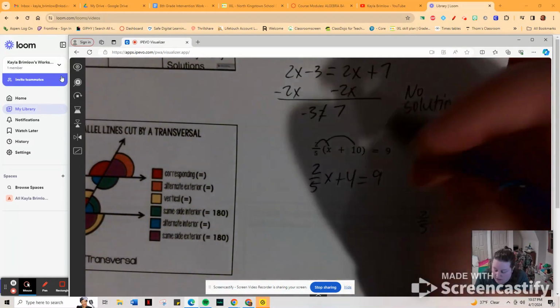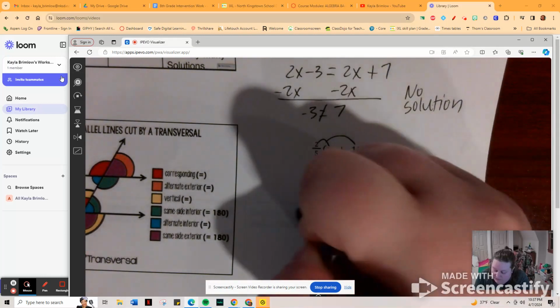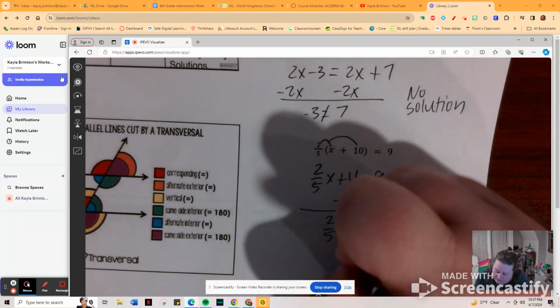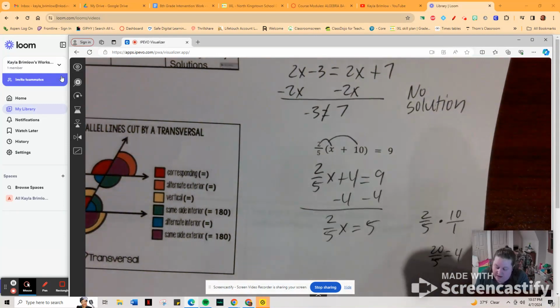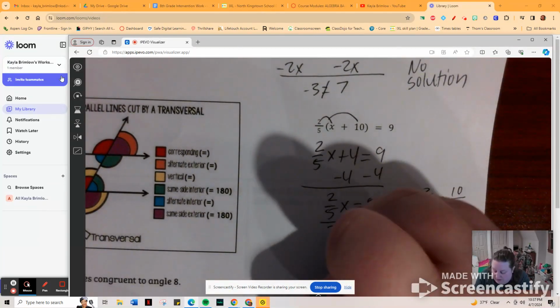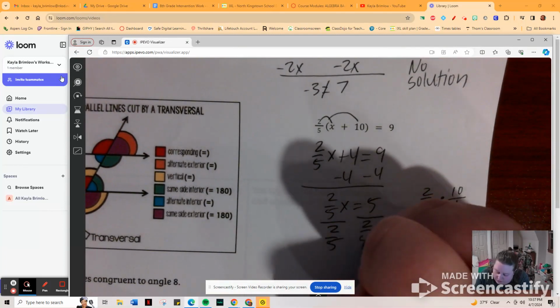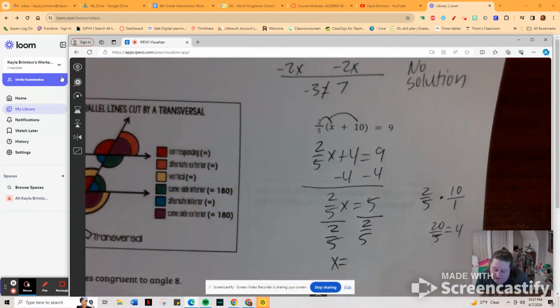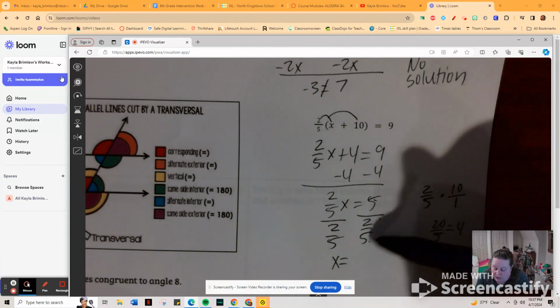So from here, I'm going to subtract 4 from both sides. So 2/5 x equals 5. And then when we divide here, since it's 2/5 times x, we would divide by 2/5 on both sides. When dividing fractions, you use keep, change, flip.